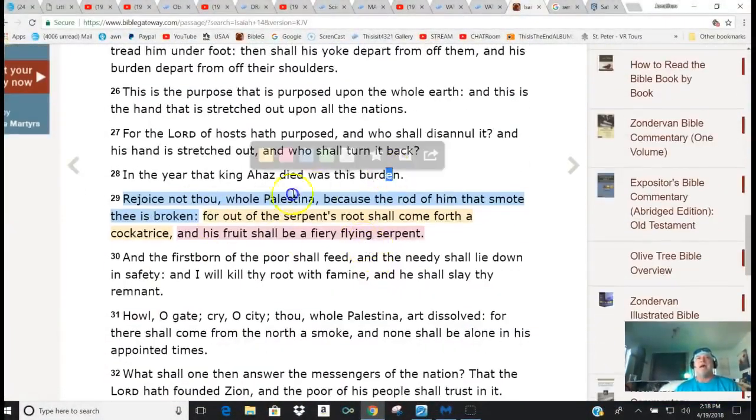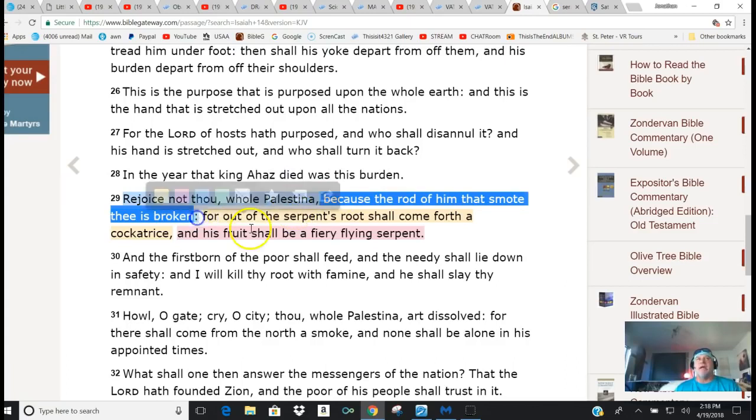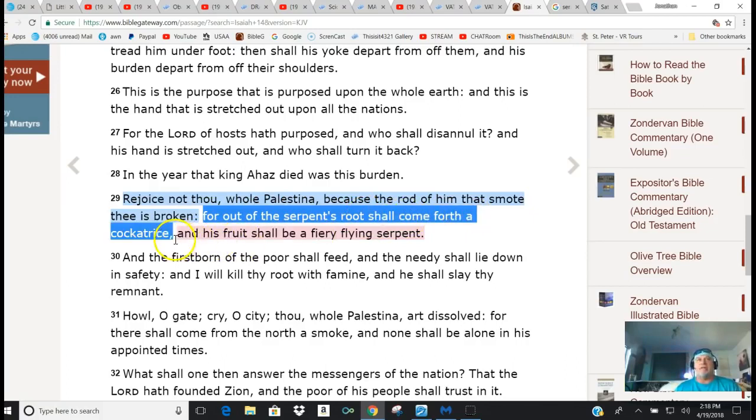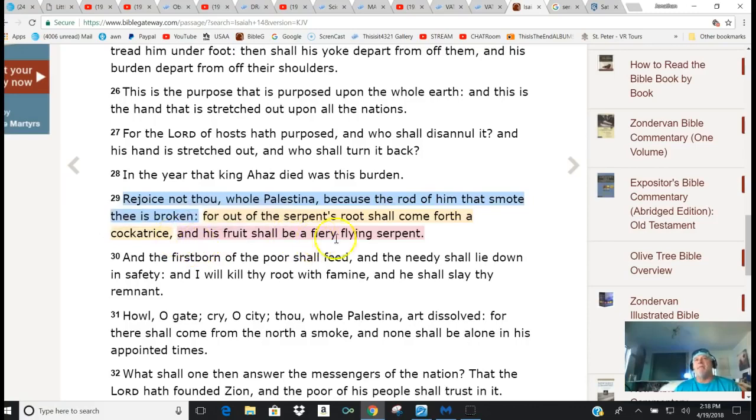Now, rejoice not thou, whole Philistina, because the rod of him that smote thee is broken. For out of the serpent's root shall come forth a cockatrice, and his fruit shall be a fiery flying serpent. Wow.